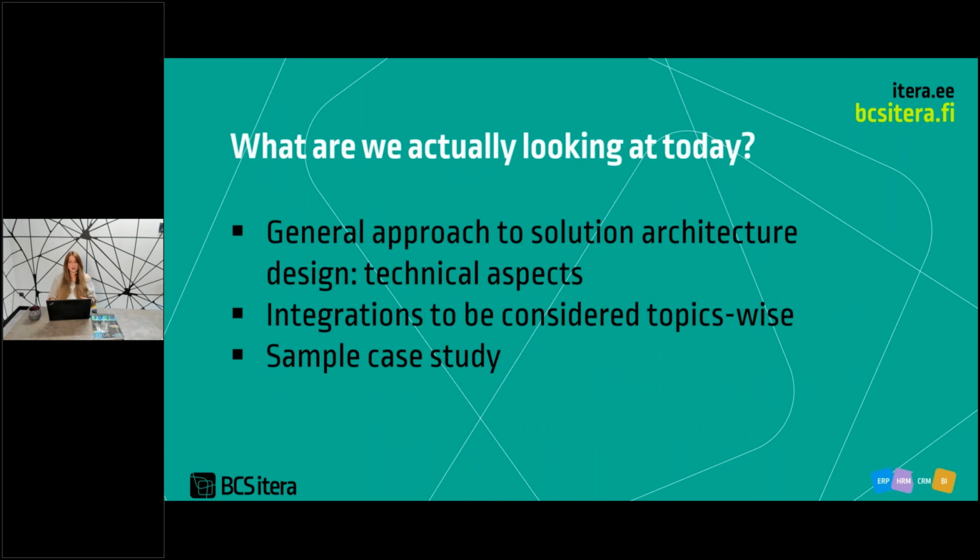So today we are going to talk about the right questions to be raised when thinking about CRM solution architecture, about potential risks which can be related to integrations, about the topics that you would probably want to consider when thinking about your solution architecture. And we will try to walk you through a very simple case study so that we have those steps that you will probably want to consider when integrating or implementing your CRM solution.